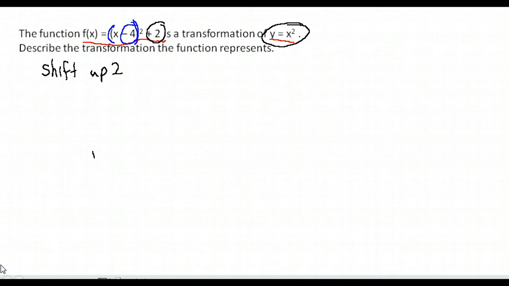So a minus, normally when we graph, minus takes us to the left, but it actually represents a shift to the right. And it shifts to the right 4 units. Okay, so we've described everything that was contained in there. The squared was just part of our original function.